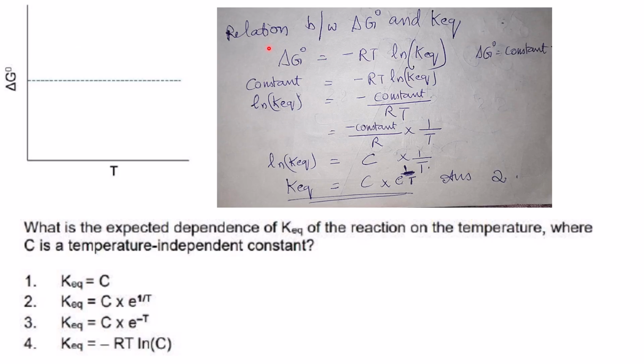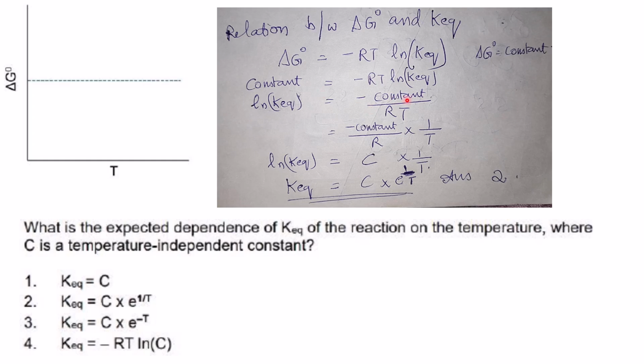Now see the calculation. You know that there is a relationship between delta G0 and K equilibrium, and it is given by delta G0 equals minus RT ln K equilibrium. We know from this graph delta G0 is a constant. So constant is equal to minus RT ln K equilibrium, or ln K equilibrium is equal to minus constant by RT. R is also a constant, and only the temperature is changing.